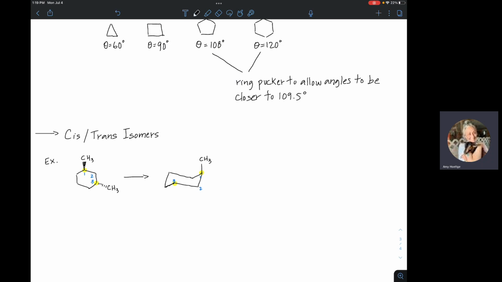There's two positions available at each carbon, axial and equatorial. If I'm going down, that puts that methyl in the equatorial position on that carbon. Notice how one methyl group is up on the top face of the ring, the other methyl group is down. These are trans to each other.